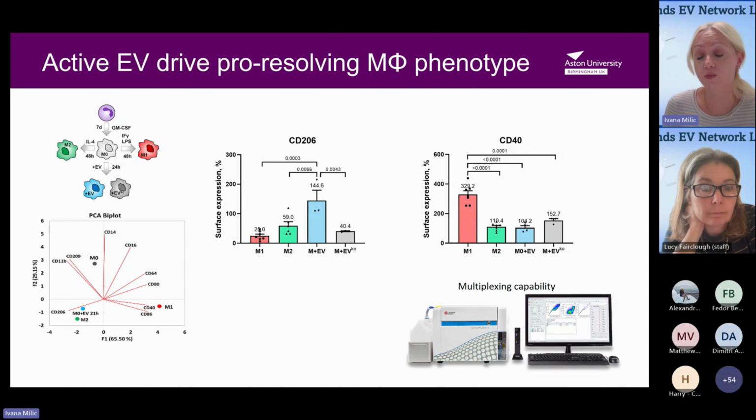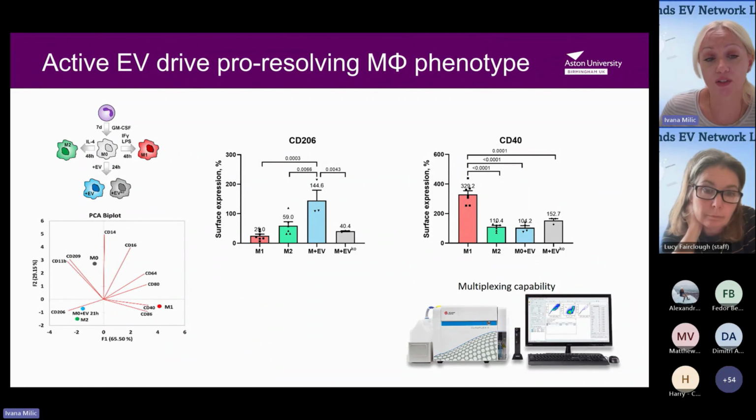And then we have performed flow cytometric surface phenotyping. We have defined the phenotypes for M-naught, M2, and M1 macrophages, and then we have incubated them with the EVs for 24 hours.